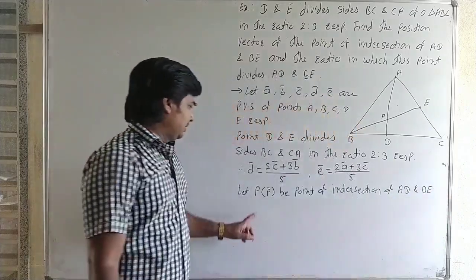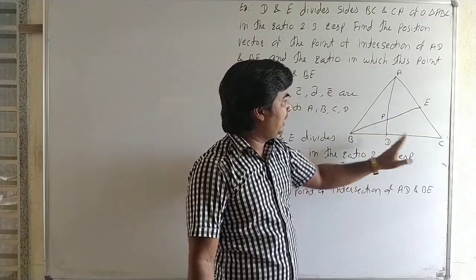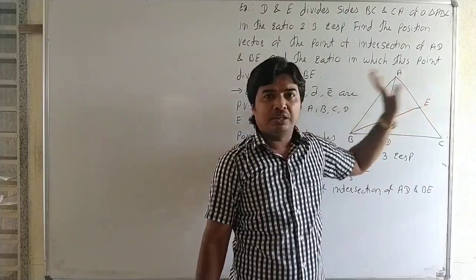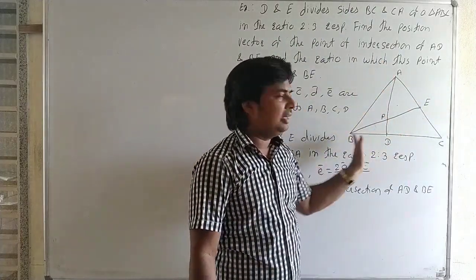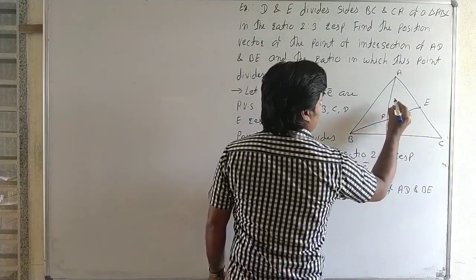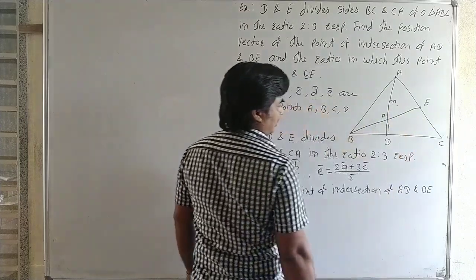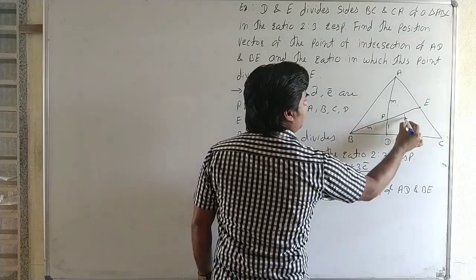P is a point of intersection of AD and BE, that means P divides AD, also P divides BE. That means P is on the lines AD and BE. But we don't know the ratio. Therefore, we consider P divides AD in the ratio m:1 and P divides BE in the ratio n:1.